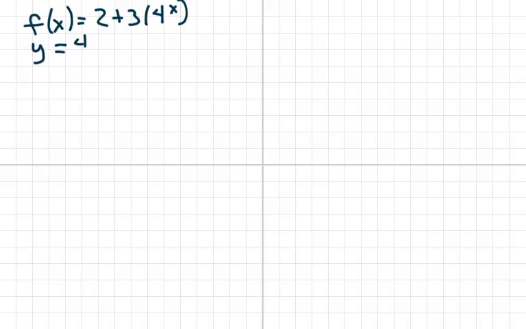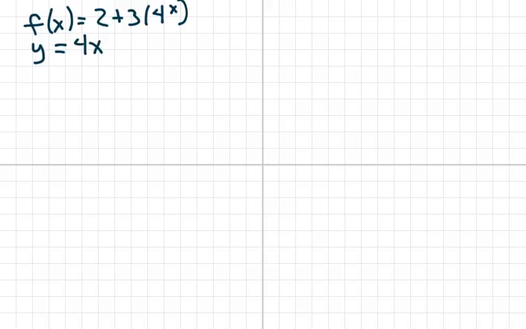Alright. 41 is f of x equals 2 plus 3 times 4 to the x. Basically we're going to use the graph y equals 4 to the x and then do the transformations.